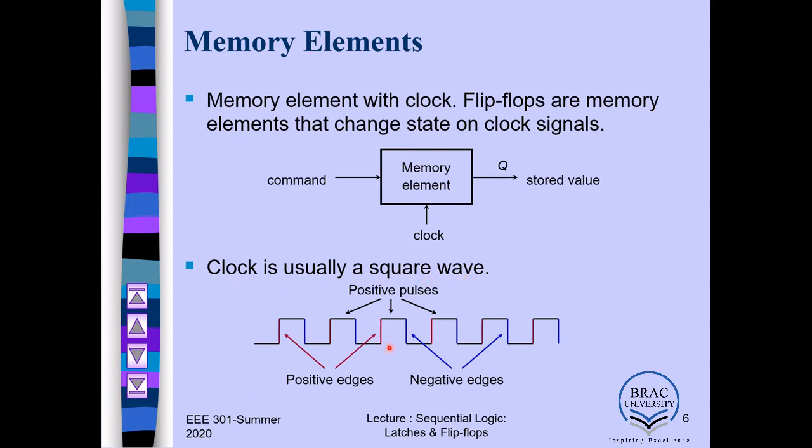A positive edge means the clock goes from low to high, and this is called a positive pulse, the top one. A negative edge means going down, like here, from high to low.